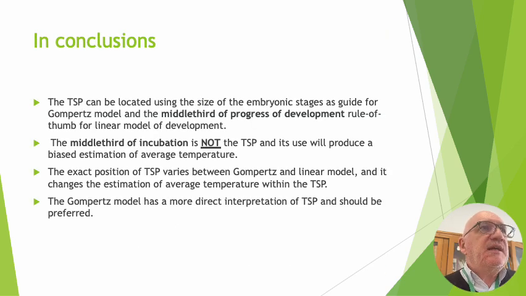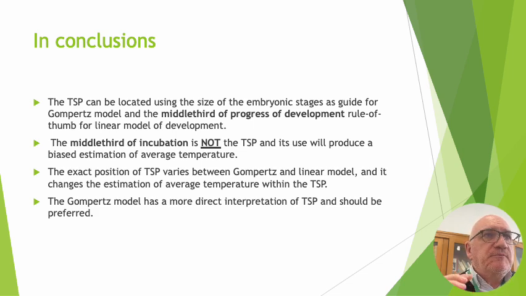So the TSP can be located using the size of embryo stages as a guide for the Gompertz model, and the middle third of progress of development rule of thumb for the linear model of development. The middle third of incubation is never the TSP except for the special case of constant incubation temperature.